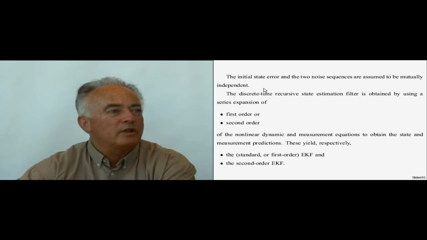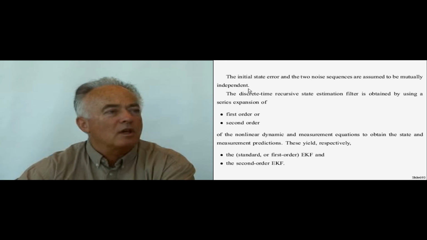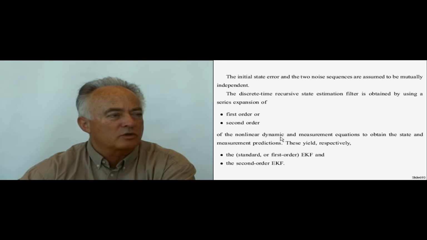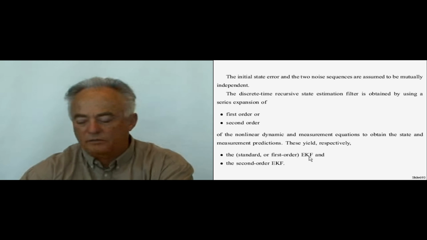We assume that the initial state error and the 2 noise sequences are mutually independent, and the discrete time recursive state estimation filter can be obtained using a series expansion of either first order or up to second order of the nonlinear dynamic and measurement equations. These two expansions yield either the standard first order EKF or the second order EKF.